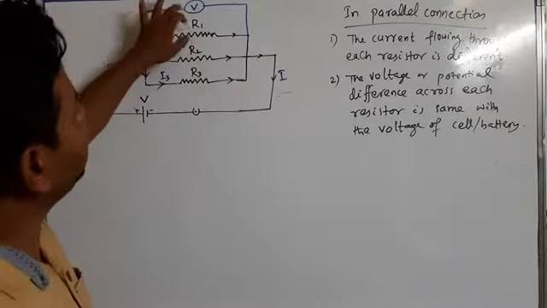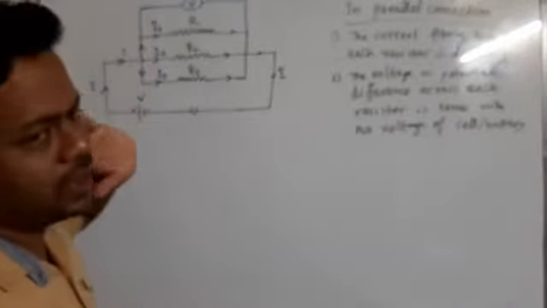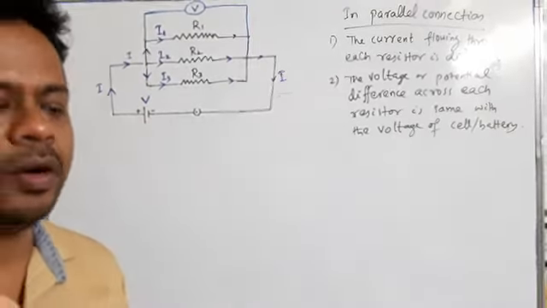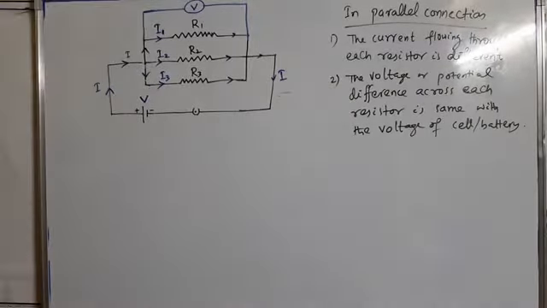That will be V, which is equal to the voltage of the cell or battery of the circuit. So remember students, in parallel connection, the current becomes different, but the potential difference remains same. Whereas in series connection, the current becomes same, but the potential difference across each resistor is different, just opposite to each other.